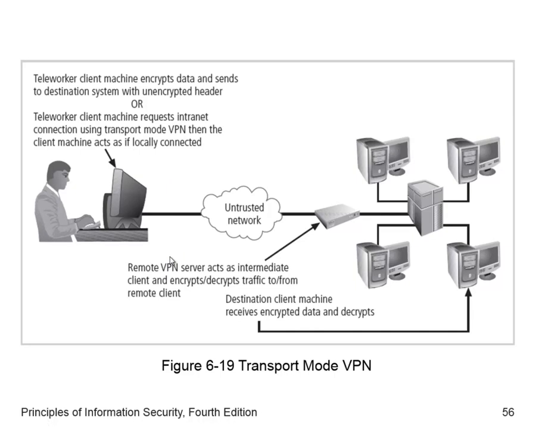This figure shows a transport mode VPN, and as you can see, this is the teleworker client machine sending to the destination system with the unencrypted header, and then it will go through the untrusted network to the VPN server where it authenticates and gives the authorization, giving access to the encrypted data.